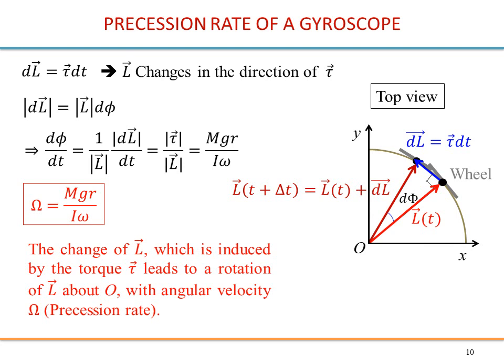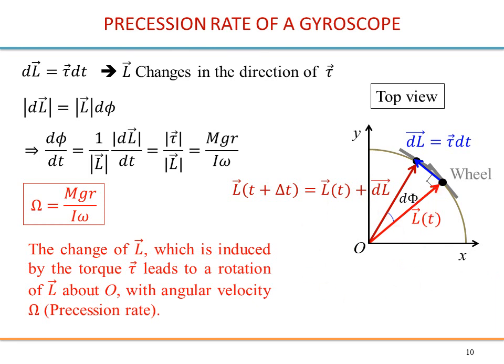This has several applications in planes, for example, because it's all about resistance to change. L doesn't want to change, it is what it is, and at least here it doesn't want to change in magnitude, so it has to change because there is a torque. It has to change in its direction.